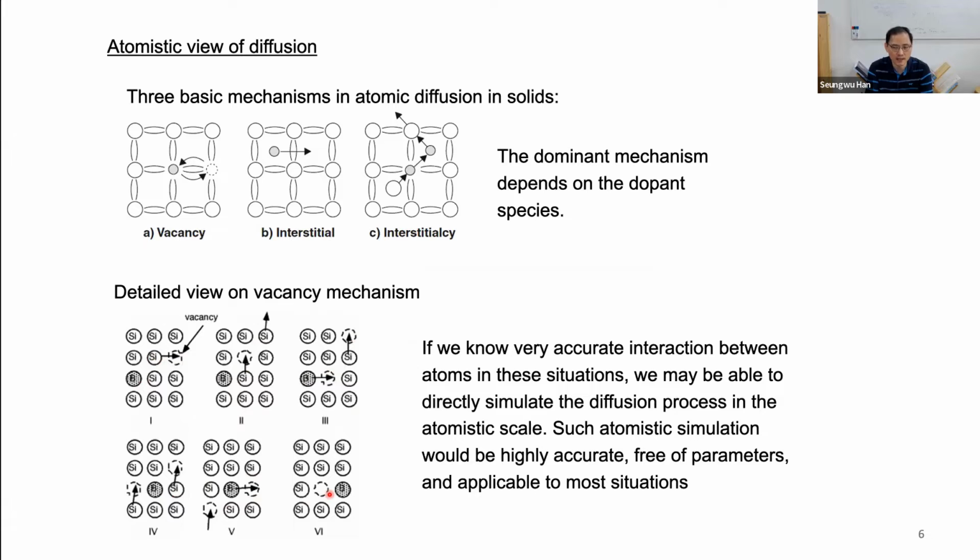It's quite complicated, right? This atomistic mechanism is well known, and therefore if we have the accurate interaction between the atoms, then we can describe the diffusion of the dopants from the most fundamental basis.